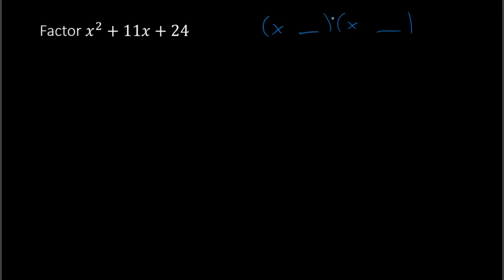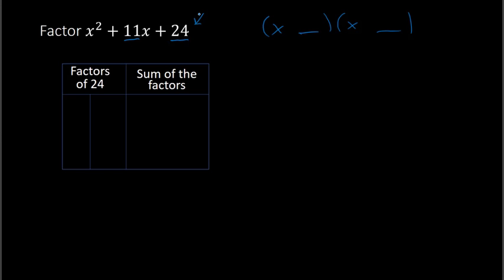Well, we need to find two numbers that would add to 11 and would multiply to get 24, because that was the pattern, right? We added to get the middle number, we multiplied to get this last number. So it's easier if you look at the 24 first and you figure out what numbers multiply to get 24.